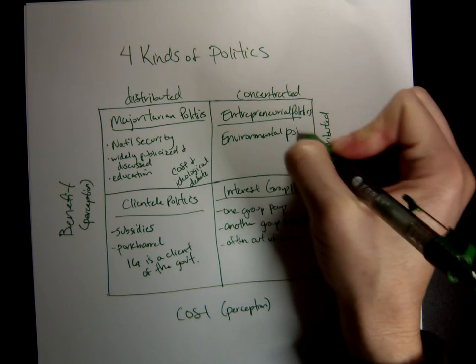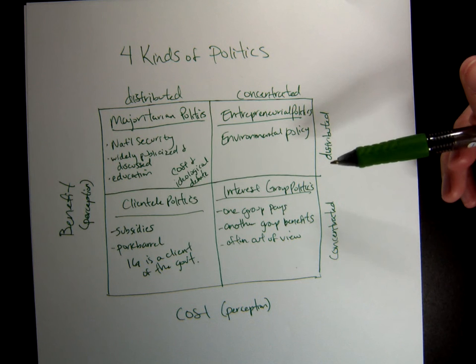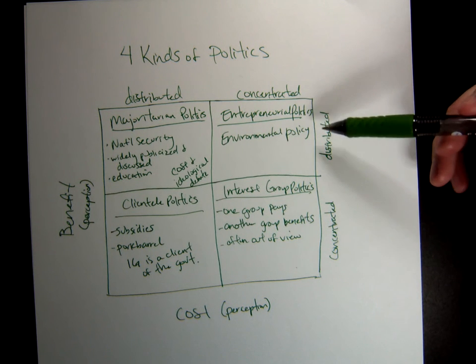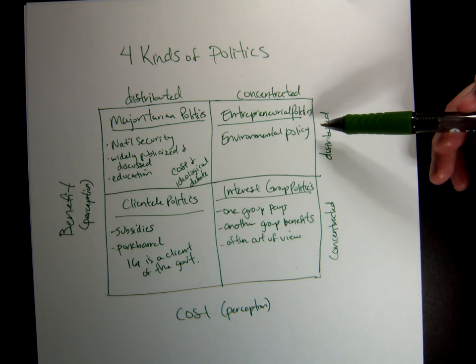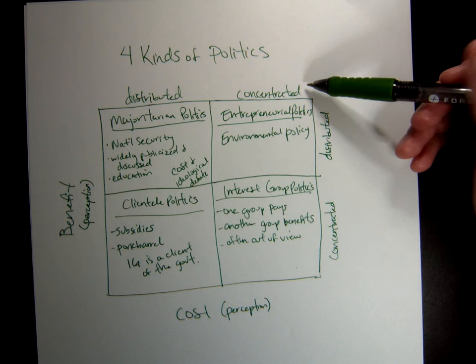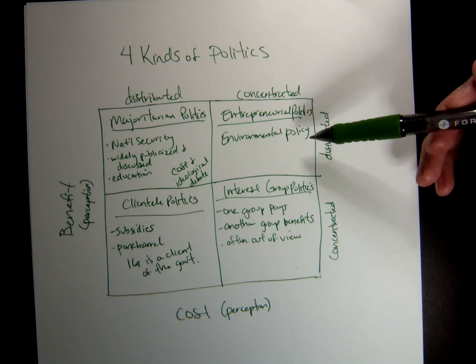Because we will all benefit as a society, as a world, from clean air, clean water, preserving our resources. While everyone would benefit, it's largely business and industry that would have to make the sacrifices in order to have effective environmental policy.